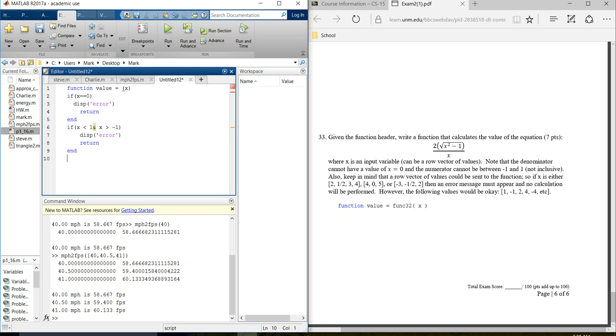And otherwise the output value, that's not how you spell value. Value is equal to 2 times sqrt of x squared minus 1 divided by x. And this is the numerator.